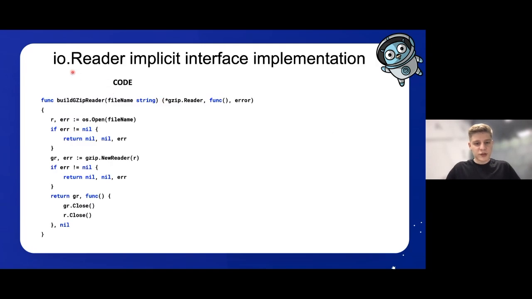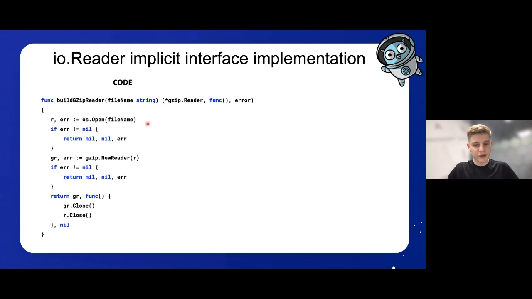Right, and the next one is an example with usage of Gzip reader, and it as well shows how nicely interfaces are implemented in Golang with implicit duck typing. So what we do here, as you can notice, it has a closure as well. We return the function, and we have a function that builds a Gzip reader. So it's focused on Gzip archives.